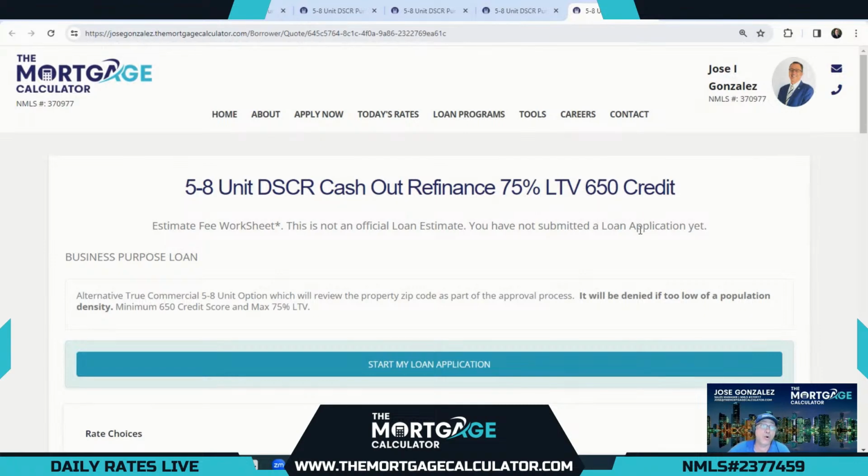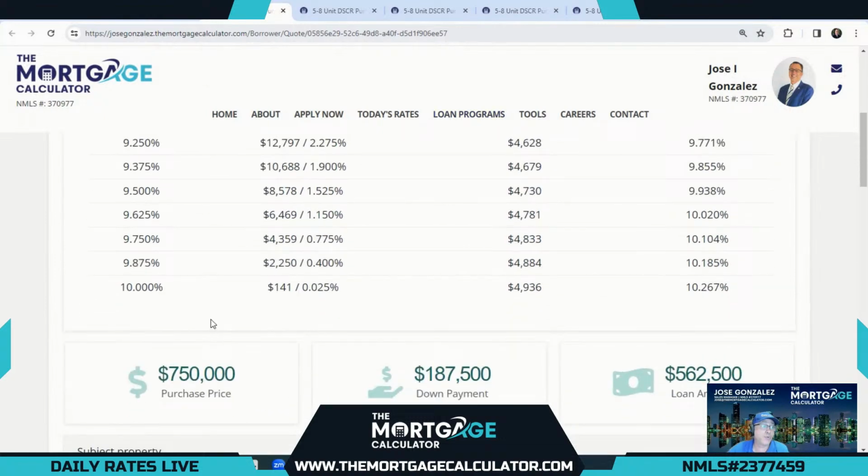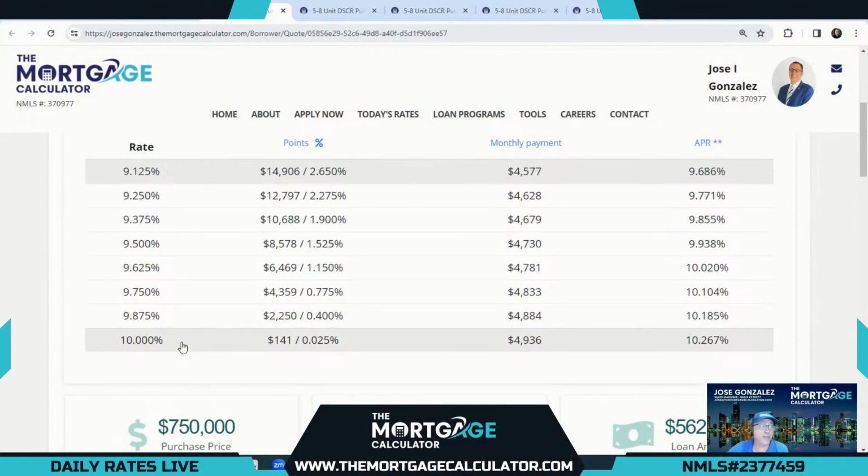And on the more preferable lower interest rate option that I showed you for the purchases, the maximum LTV on that option for a cash out refinance is 70%. So you're going to be seeing similar rates to what you saw with the purchase, right? So you were looking at 9.125 lowest cost option, 10% lowest rate option.